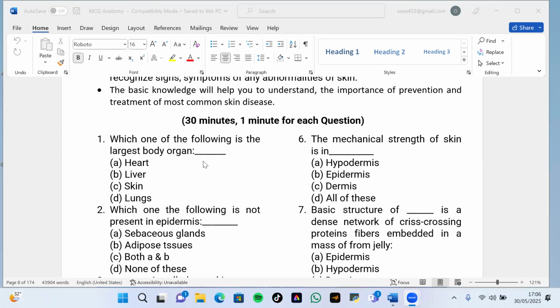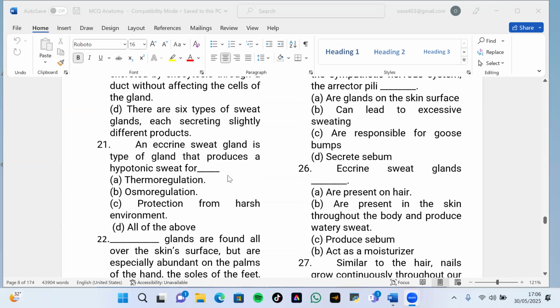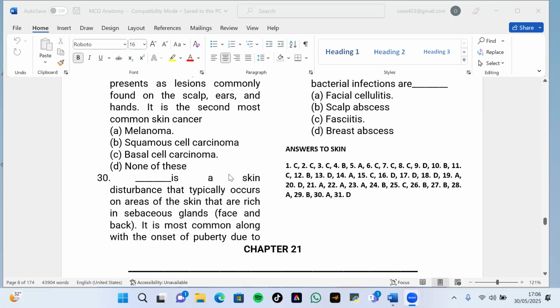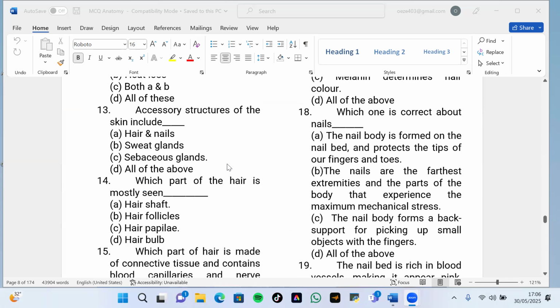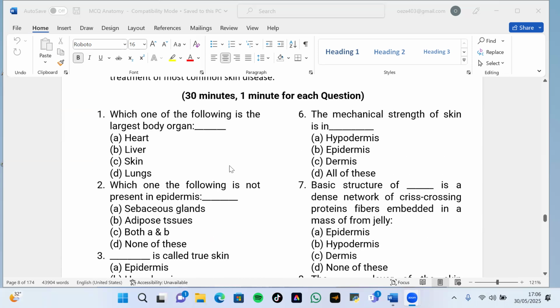Which of the following is the largest body organ? The answer is C, which is the skin.